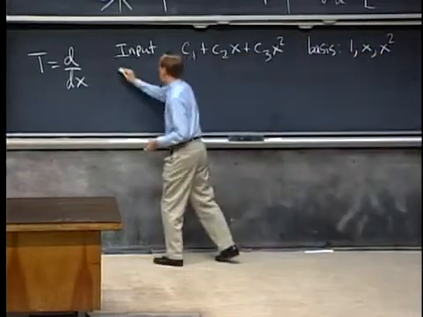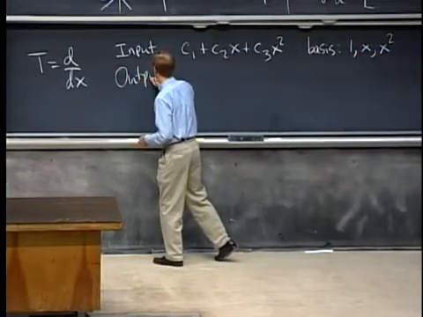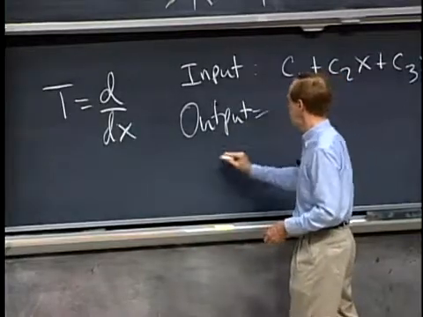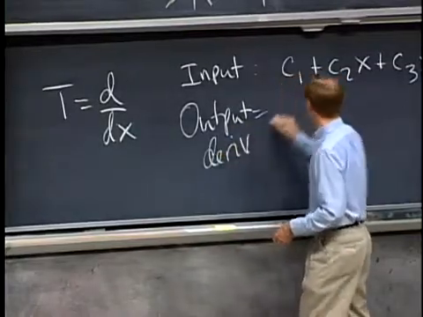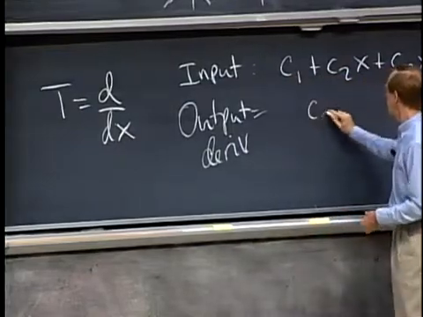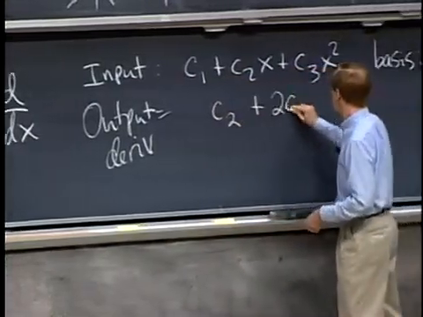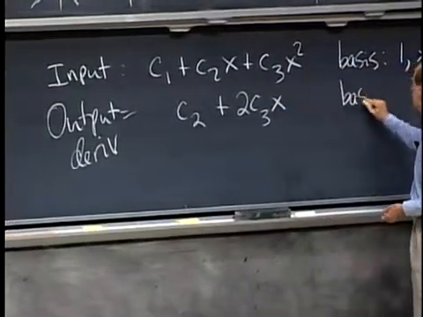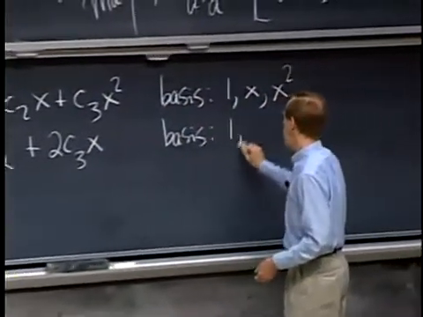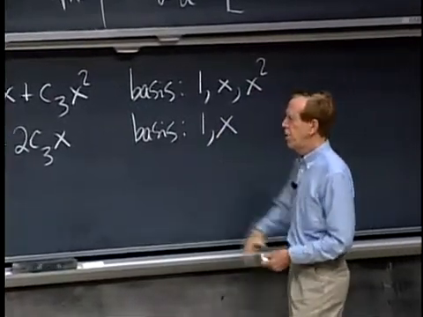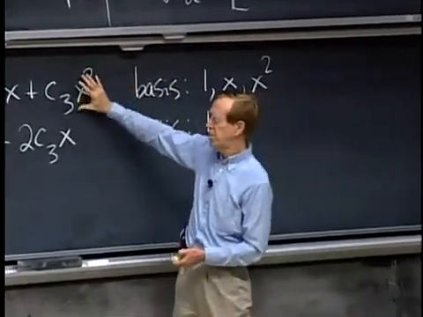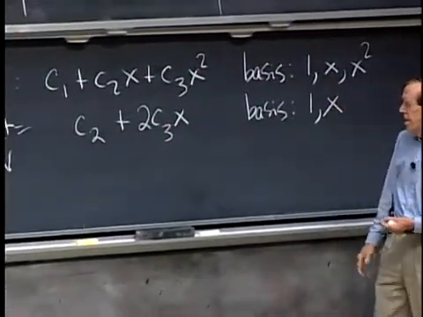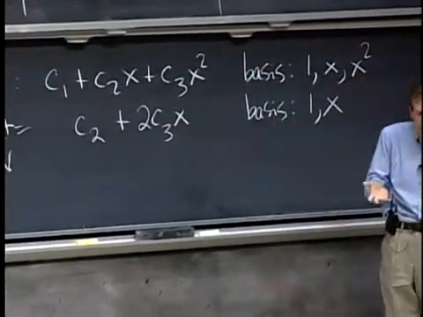Then what's the output? Is the derivative. The output is the derivative. So the output is C2 plus 2C3x. And let's take as output basis the vectors 1 and x. So we're going from a 3-dimensional space of inputs to a 2-dimensional space of outputs by the derivative.